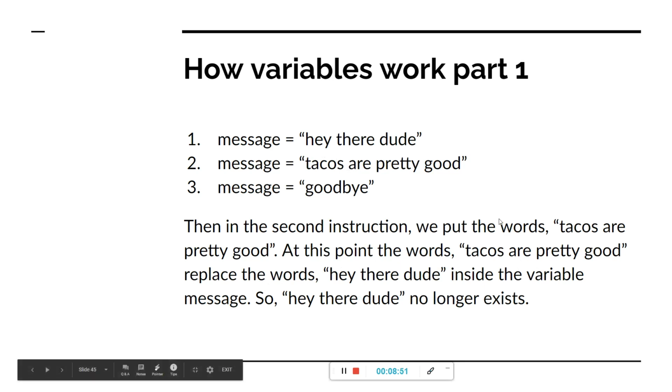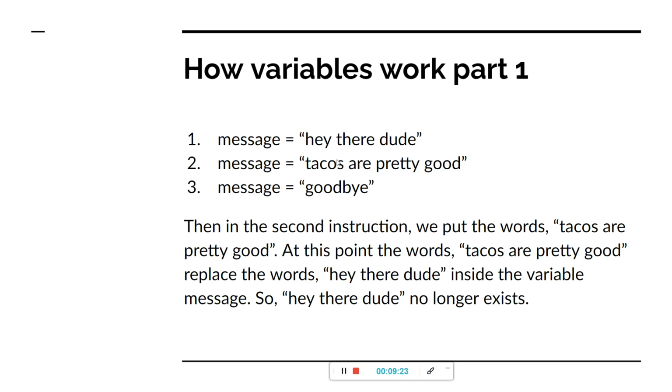What does that mean? Basically, in the first instruction, the words "Hey there, dude" are put inside the variable message. But in the second one, "Tacos are pretty good" is put inside the variable message. And when that happens, the variable forgets what it had inside it before and puts "Tacos are pretty good" inside.